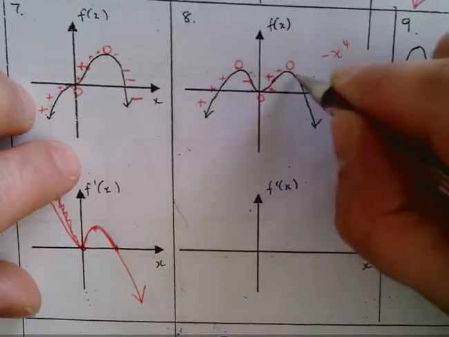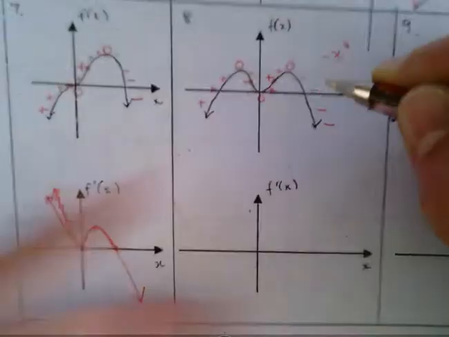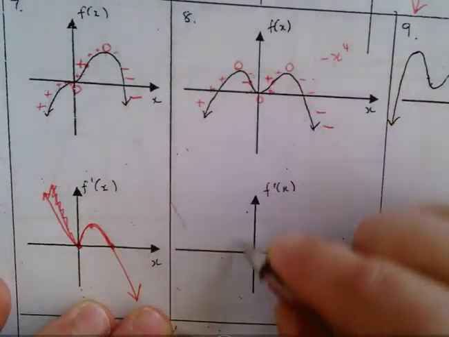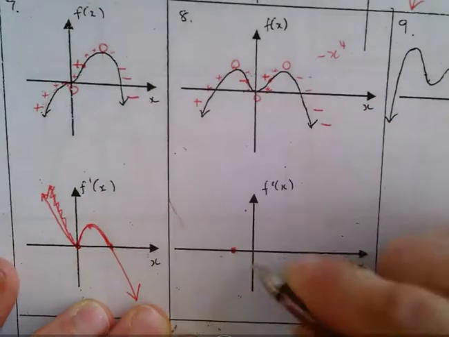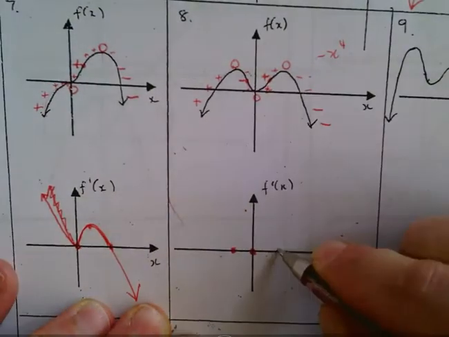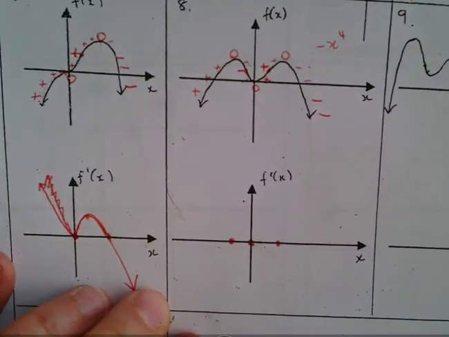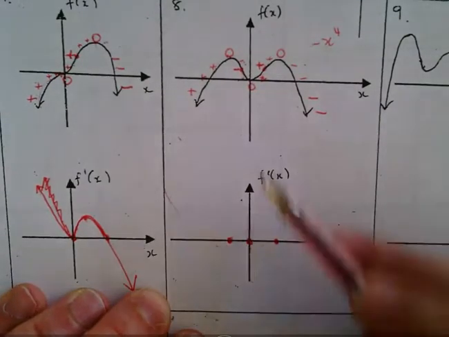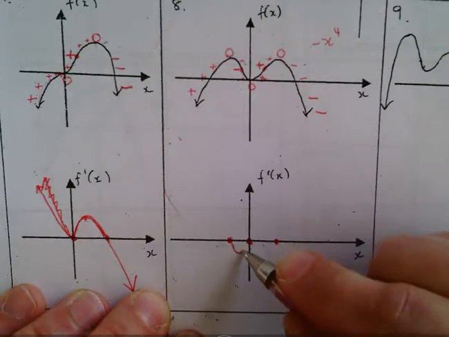Still positive, 0, negative, negative, negative, negative. So watch out for those maximum positives and those maximum negatives. 0 gradient, 0 gradient, 0 gradient. Now, see, the other thing is if you've got a 0 gradient here and a 0 gradient there, and it's negative between, it's got to come down and come back up anyway.